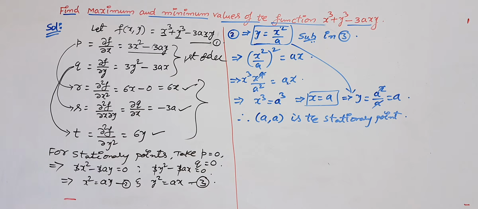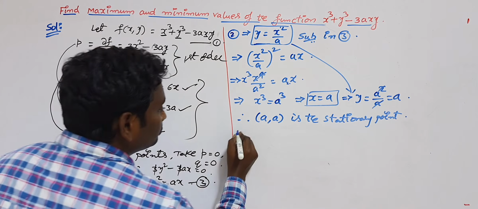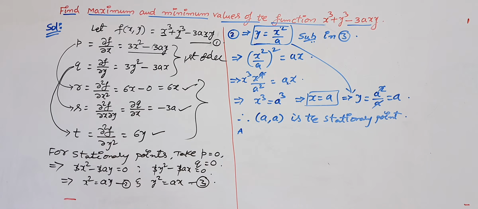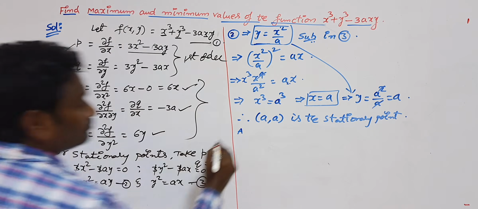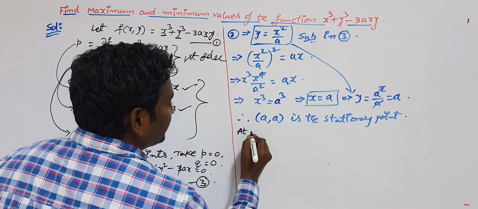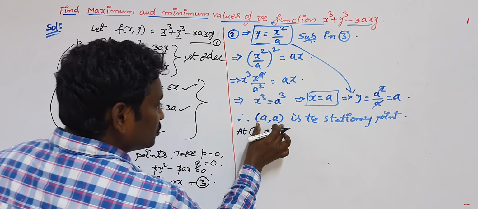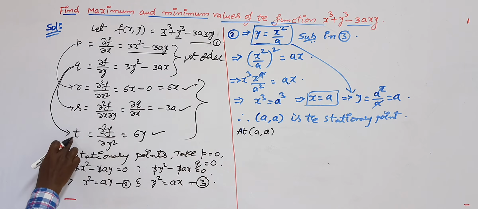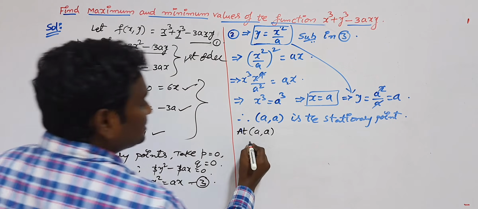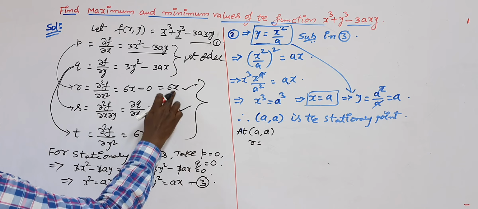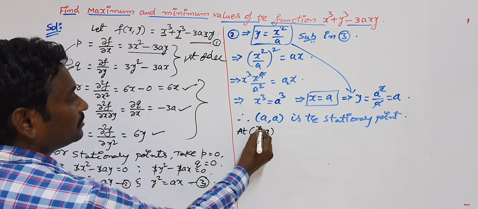So, at this stationary point, we have to find out r, s, t. So, at a comma a, substitute this a comma a in the second order partial derivatives. r is equal to 6x, but what is the x coordinate here? a.